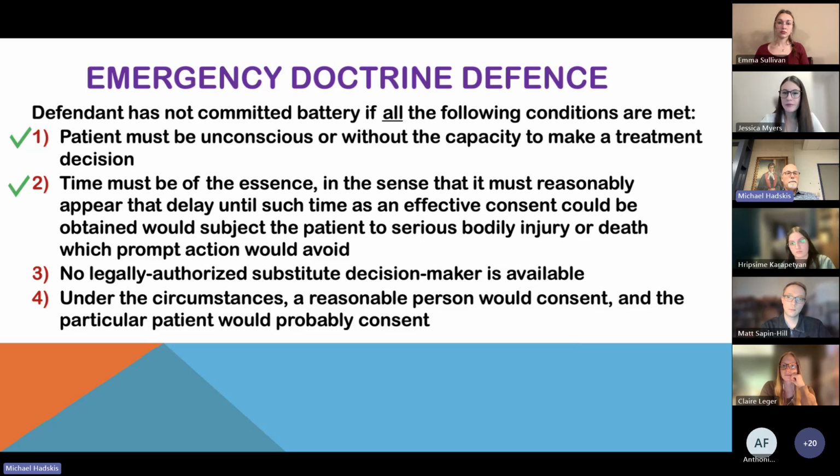Now we get to 3. No legally authorized substitute decision maker is available. Is that satisfied by the defendant who has the burden? Yes. Why? Doesn't the daughter show up?